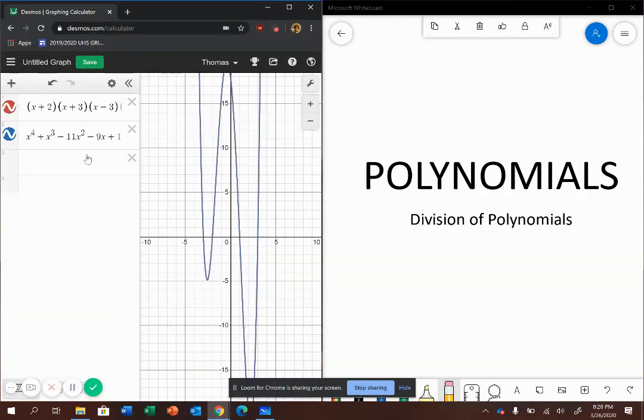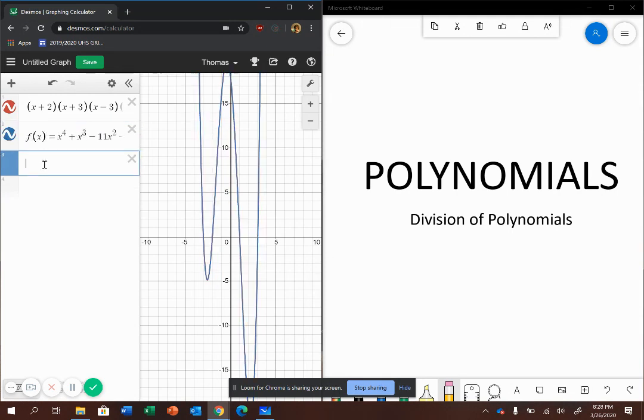Now, what would happen if I took the x minus 3 out of this polynomial? Essentially what I would be doing is dividing this larger polynomial by one of its factors, which is x minus 3. We can do that pretty easily by saying, let's call this polynomial f of x.